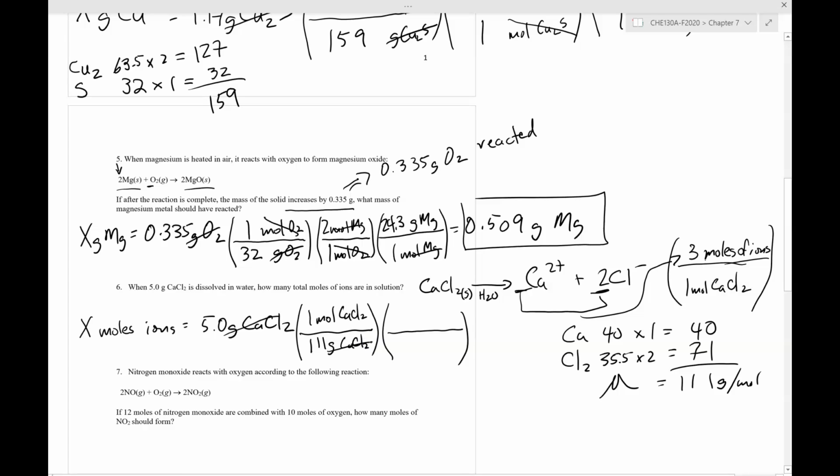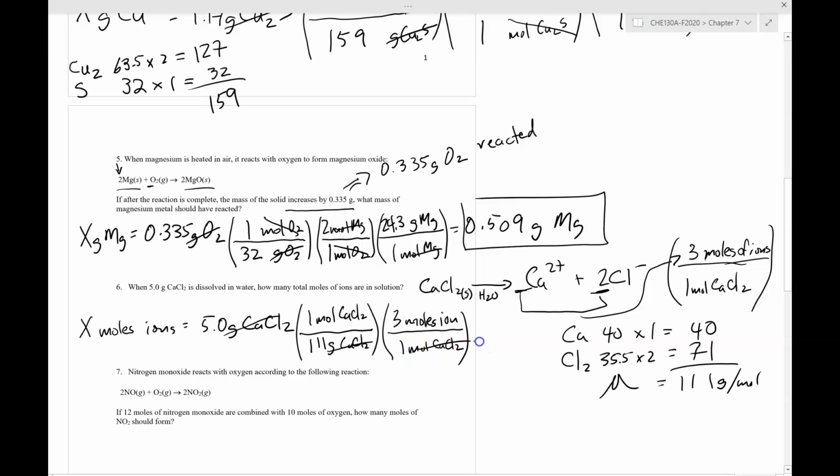All right, so we've multiplied our 5 grams of calcium chloride by 1 mole over 111 grams. Grams of calcium chloride will cancel out, and we'll have moles of calcium chloride at that point. Then we figured out from our dissolution equation up at the top that 3 moles of ions, specifically 1 calcium ion and 2 chloride ions, dissolve every time 1 mole of calcium chloride dissolves.